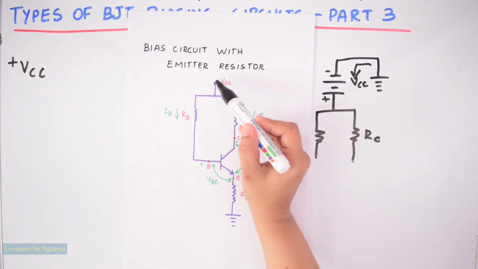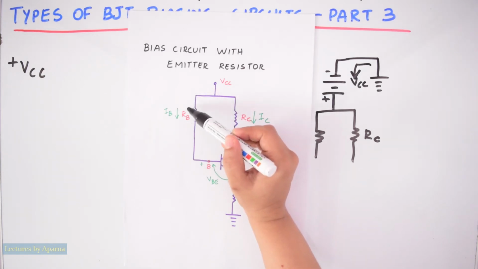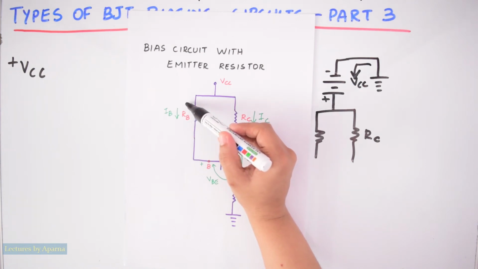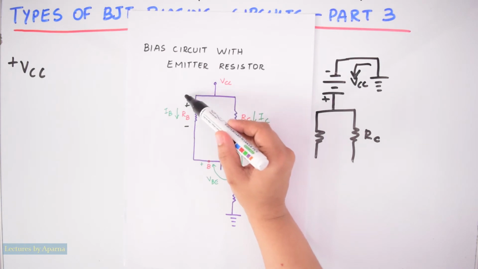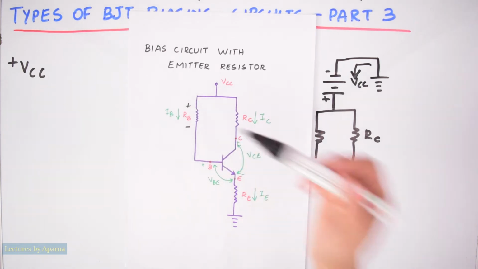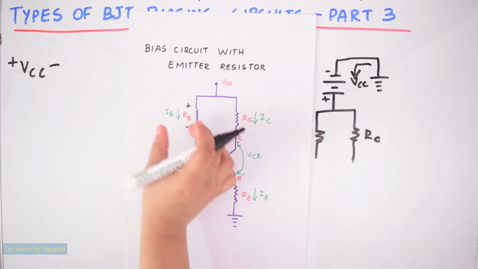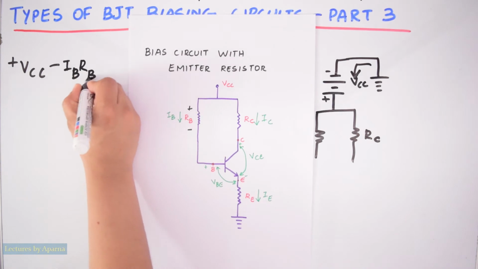Next we have to go to this side for input side analysis. So when we are going in this direction, current is flowing from a higher potential to lower potential. So when we go in this direction, it is a decrease in potential. So I have to put minus sign here. Minus the voltage here is IB RB.